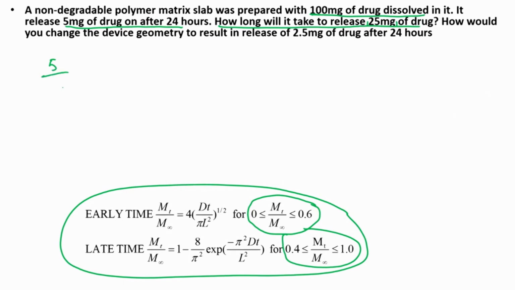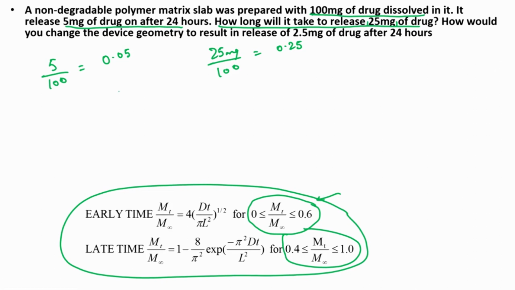So, if I do this calculation, this will be 5 by 100, and that is only going to be 0.05, and even for how long will it take for 25 milligram, we are still talking about 25 milligram by 100, that is still only 0.25. So, in both of these cases we can use the early time example.